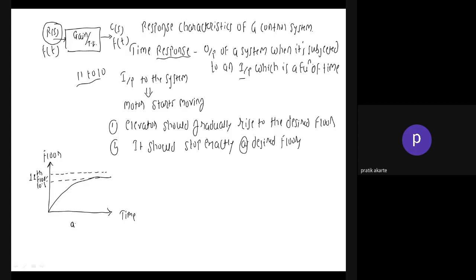Now what is this condition? In this, we see that the output rises very gradually, and the elevator is extremely slow. I can make this even slower like this.